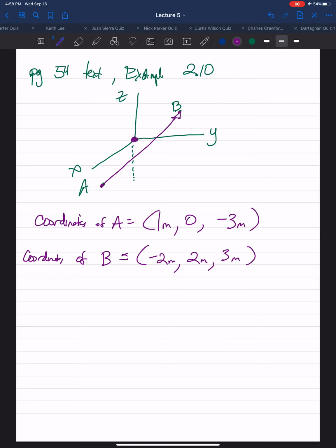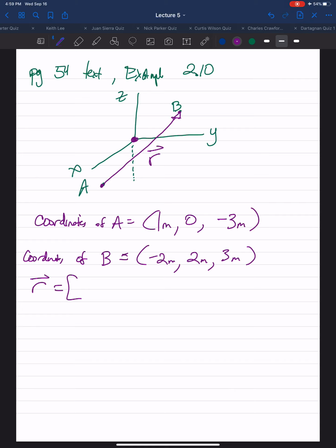Therefore, as we said, the position vector between A and B is the difference in the coordinates of point A and point B. So the position vector R is the difference in my XB minus my XA, my YB minus my YA, and my ZB minus my ZA in the IJK directions respectively.